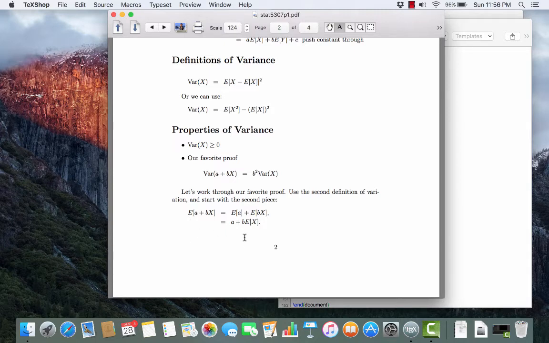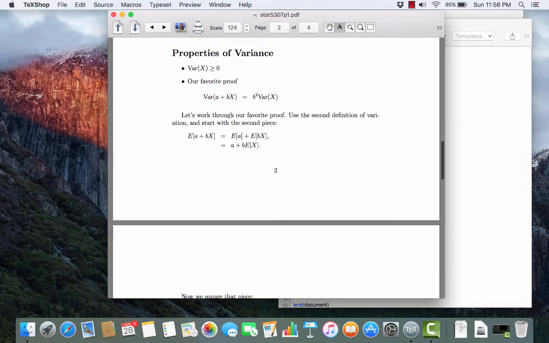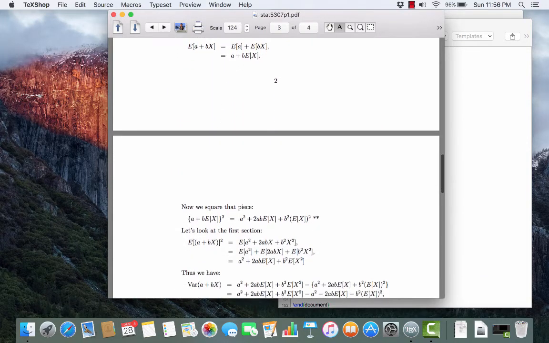But I have to square that term. Okay? And when I square it, I get a squared plus 2ab expected value of x plus b squared E of x, the quantity squared. And I put a couple little stars next to it. We're going to come back and use that in a little bit.